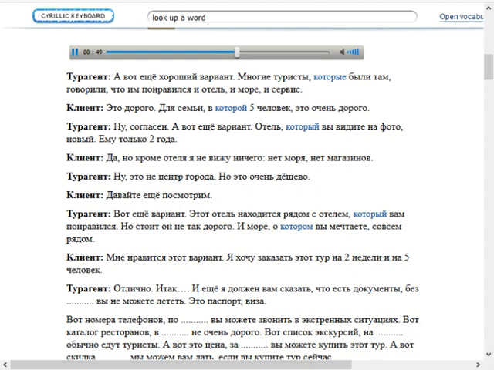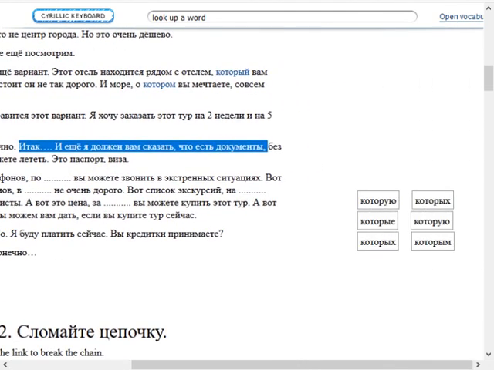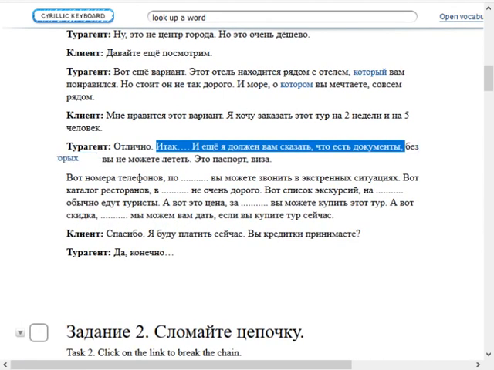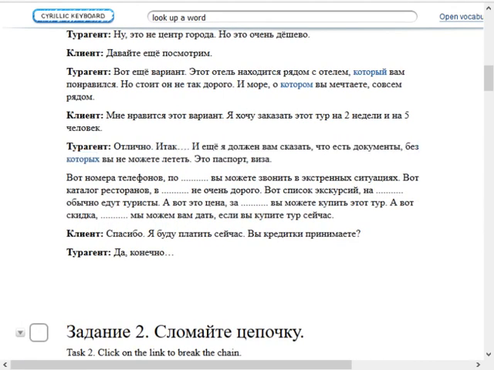И еще я должен вам сказать, что есть документы, без которых вы не можете лететь. Okay. И еще, and still, я должен вам сказать, I should tell you, что есть документы, that there are documents, без которых вы не можете лететь.